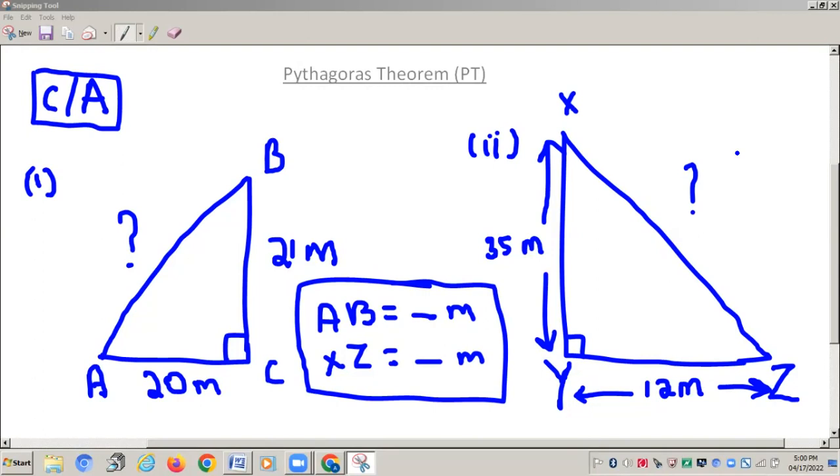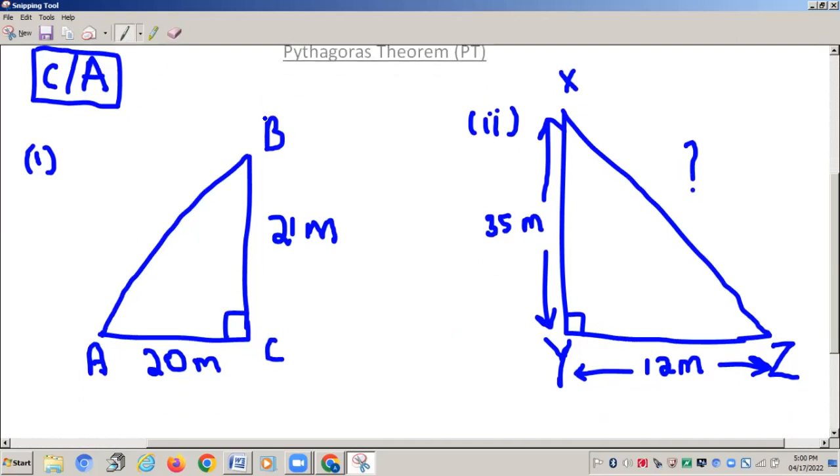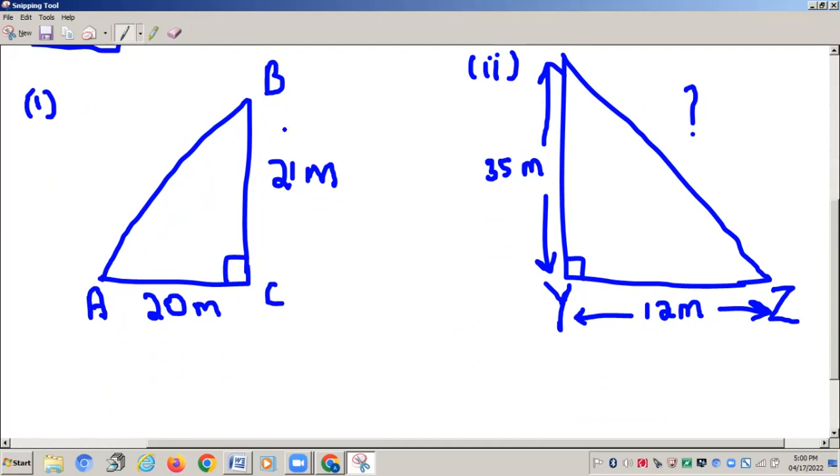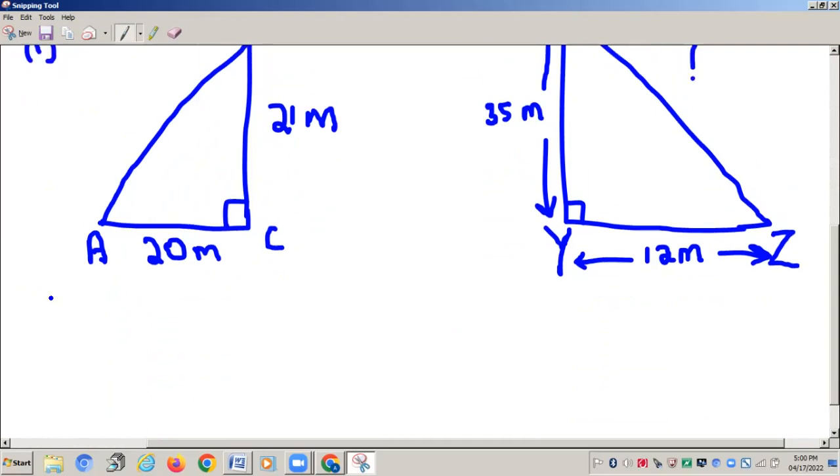All right, so I'm going to go through. Does anybody want to volunteer to explain how you work out the first one, AB? All right, so we use Pythagoras theorem.